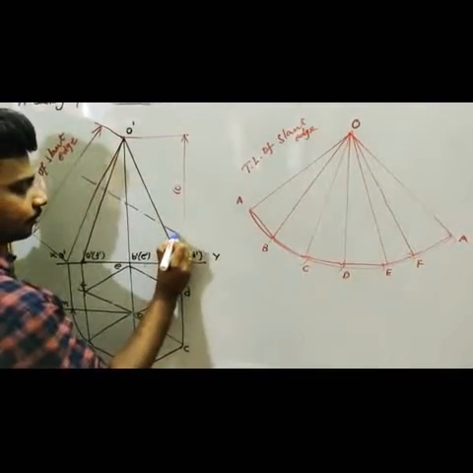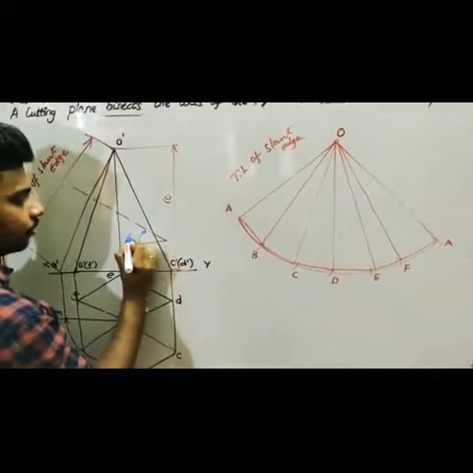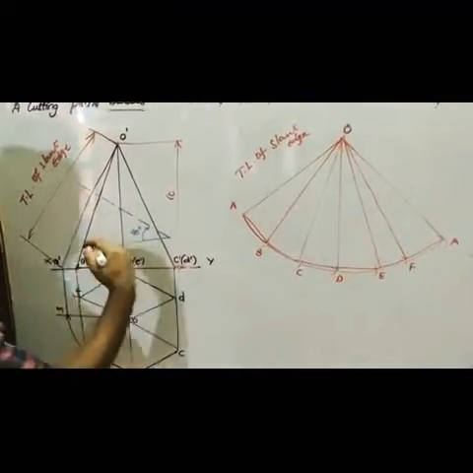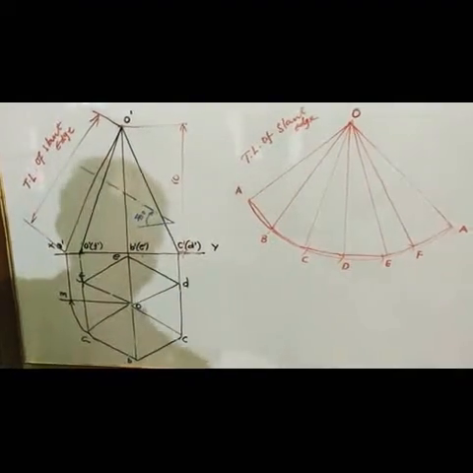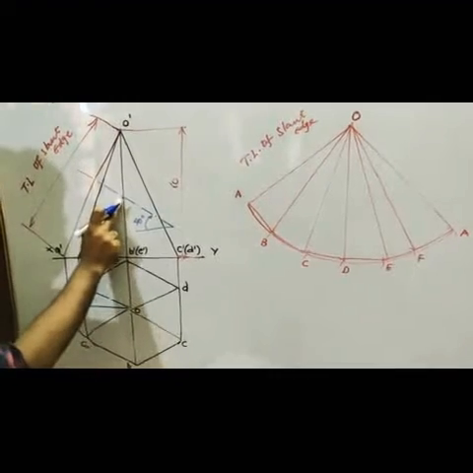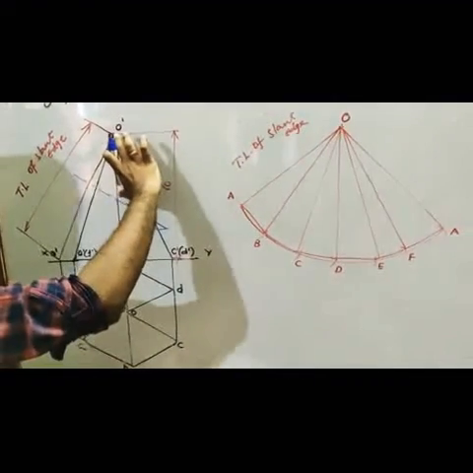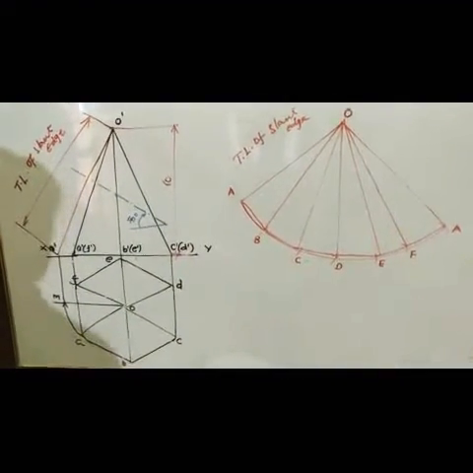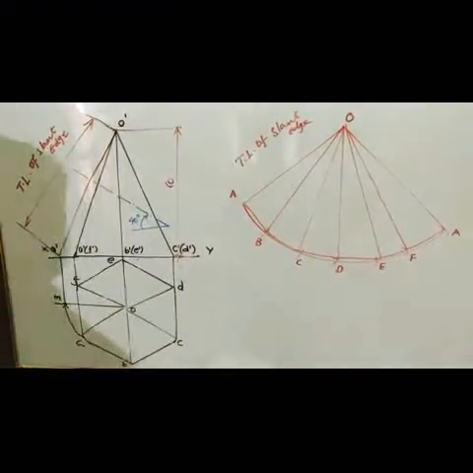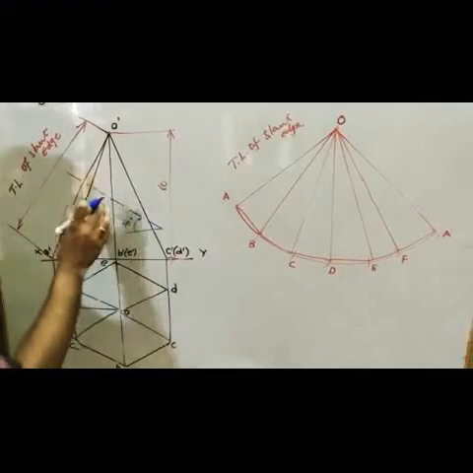The angle will be 40 degrees, so parallel to your base the inclination is 40 degrees, and it is passing through the bisect point. So this is 30 mm and the above point is 30 mm, right? We are going to remove this part, and this part will be your remaining part.